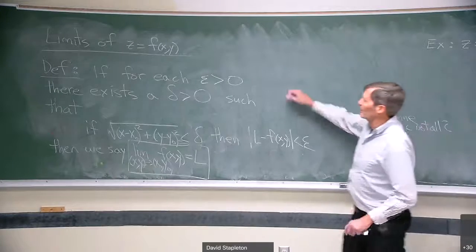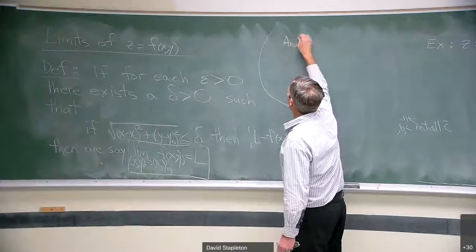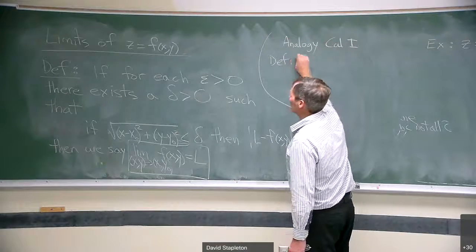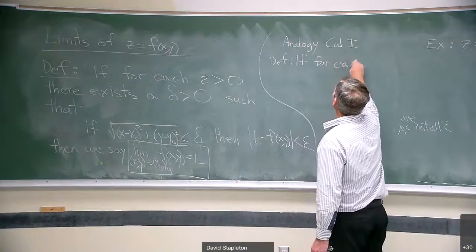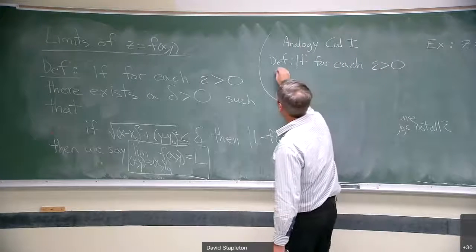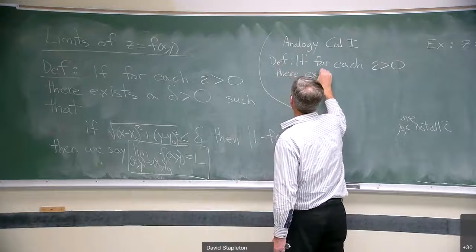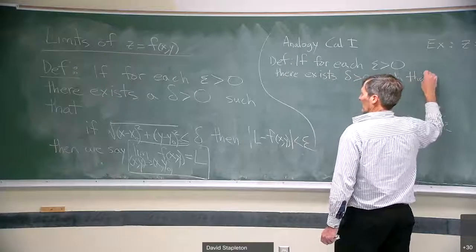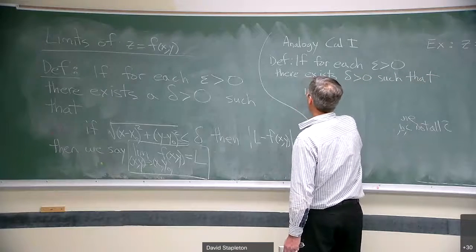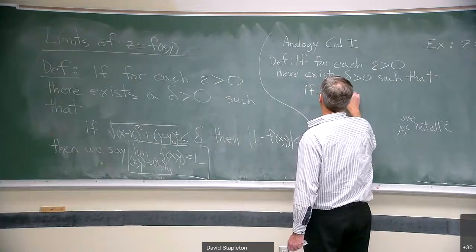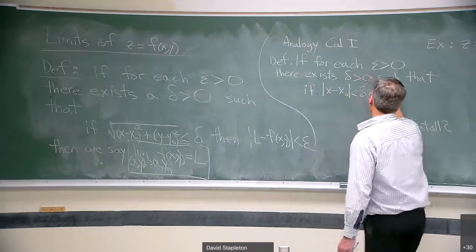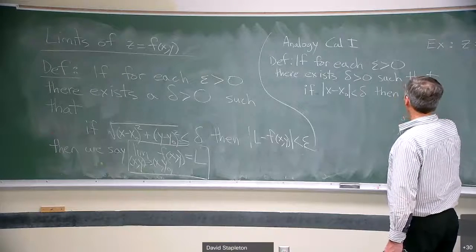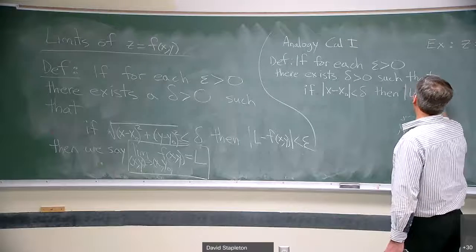Doesn't that look familiar? In calculus, when we saw this analogy for a function of one variable, we said: if for each epsilon greater than 0, there exists a delta greater than 0 such that if the absolute value of x minus x0 is less than delta, then the absolute value of L minus f of x is less than epsilon.